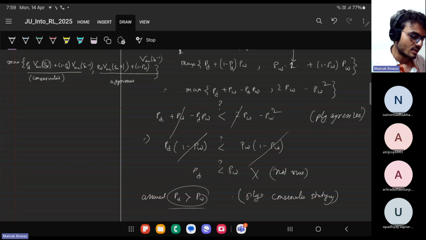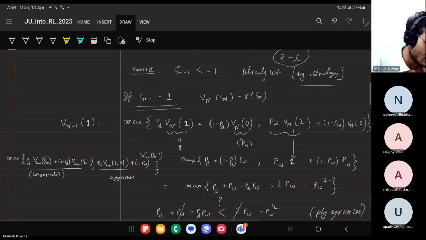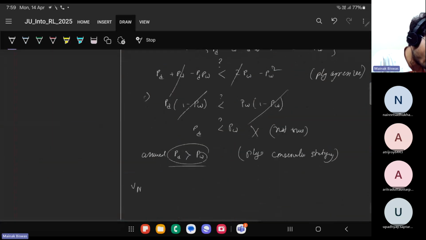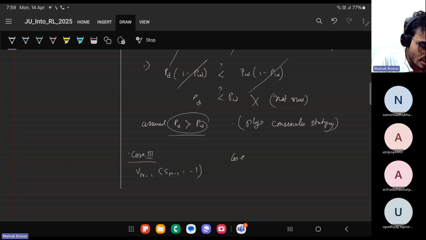Good. So now your homework would be to find V_n for case 3 and case 4. Case 3: V_{n-1} when S_{n-1} is equal to -1, and case 4 where V_{n-1}, S_{n-1} is equal to 0.